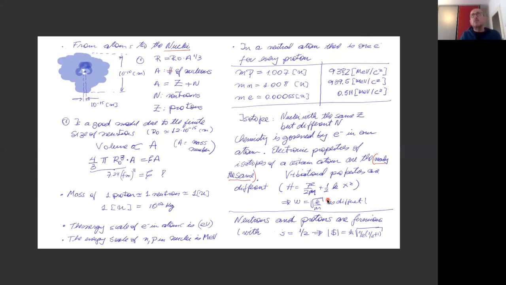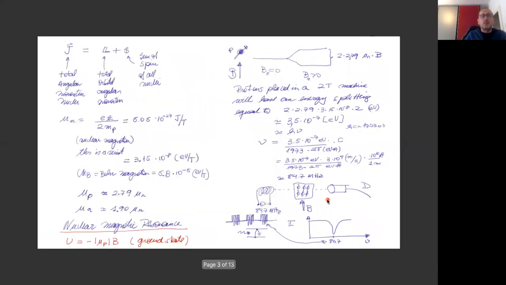Helium-3 and helium-4 are nuclei that have 2 protons. One has 4 nucleons in total, meaning it has 2 neutrons, and the other one only 1 neutron. But it has the same number of protons. They are the same element, and they are called isotopes. Those are isotopes of the same nuclei. Okay, so this is the language.